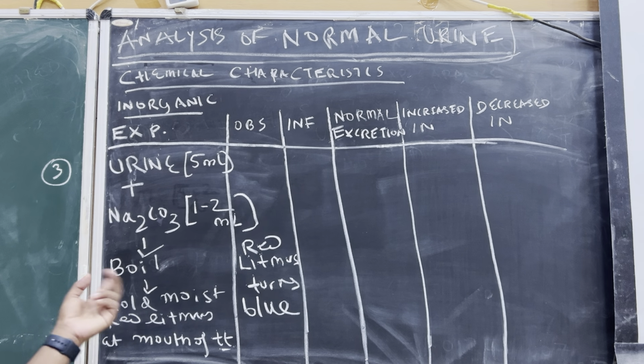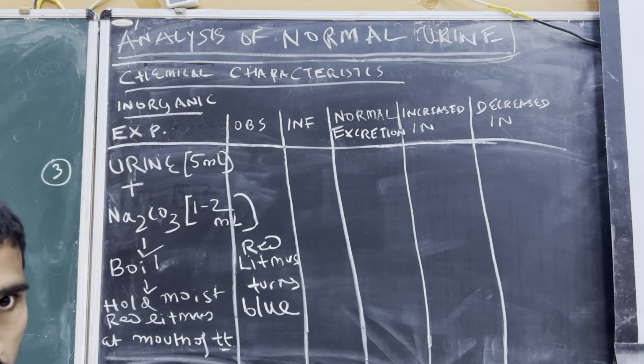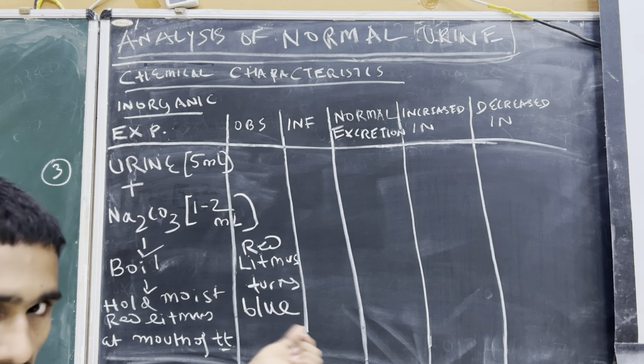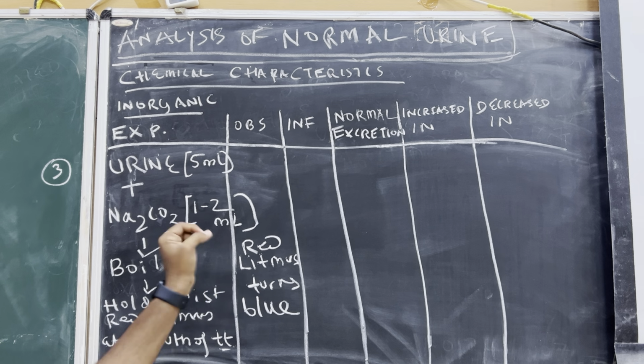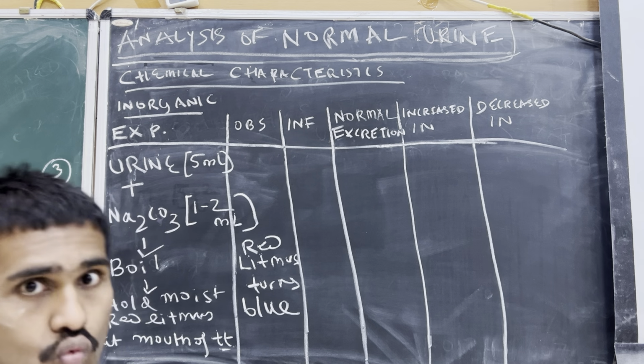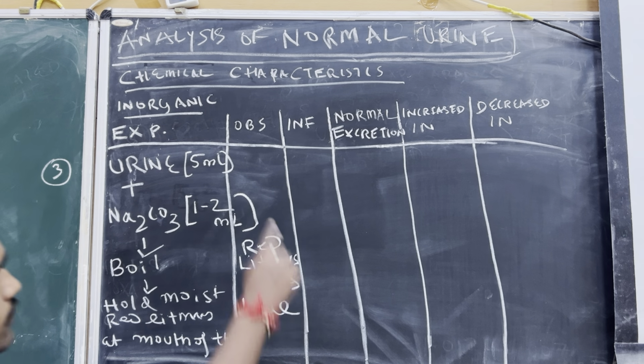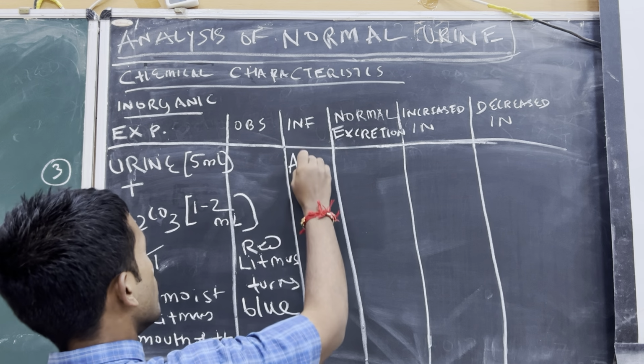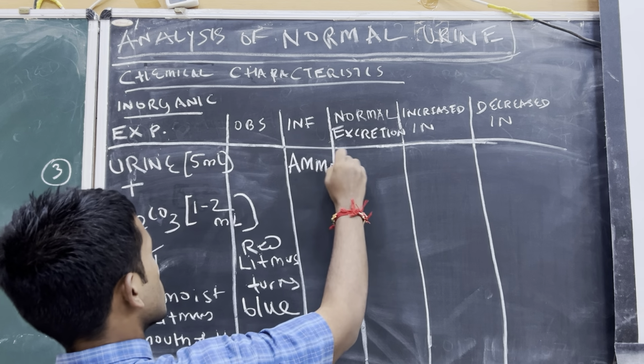Because when you are doing this boiling, the ammonia is being liberated. So once the ammonia is liberated, as the ammonia itself is alkaline, this ammonia will turn the red litmus to blue. Now inference. So obviously ammonia is present in normal urine.